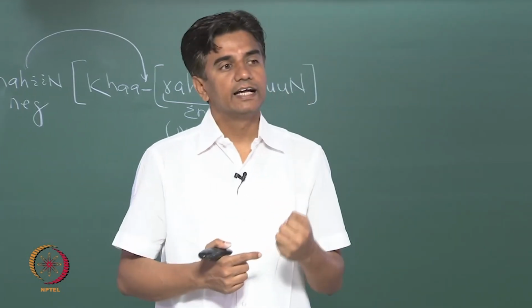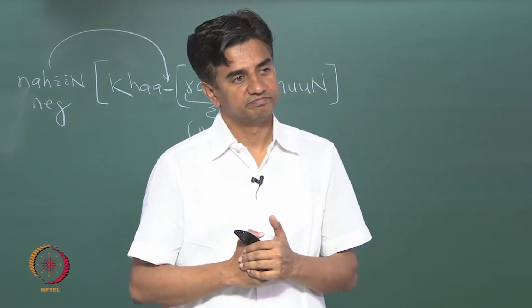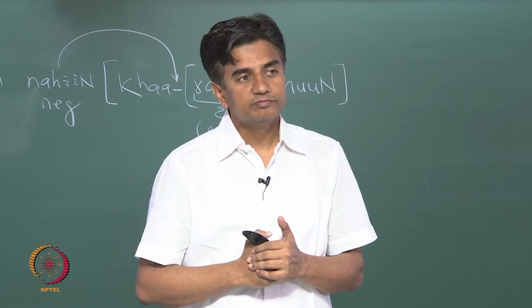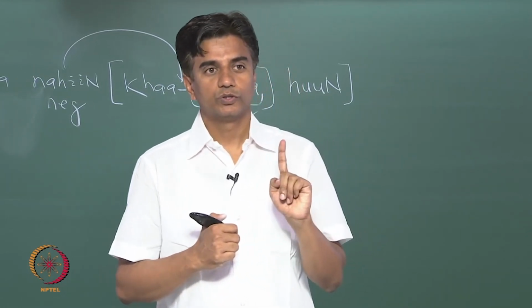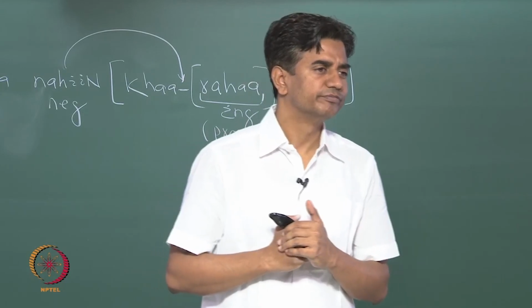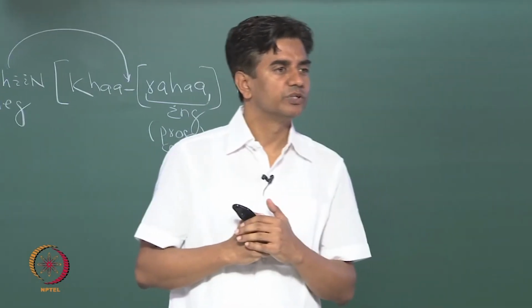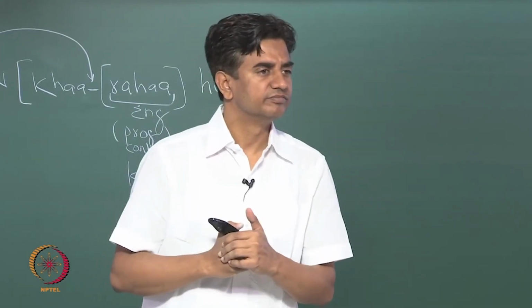So if I say, I eat pizza, how do I negate it? I will not eat. No, no. I do not eat pizza. Why are we bringing this do? Where is it coming from? And what is this do? Why do we not say, I not eat pizza?